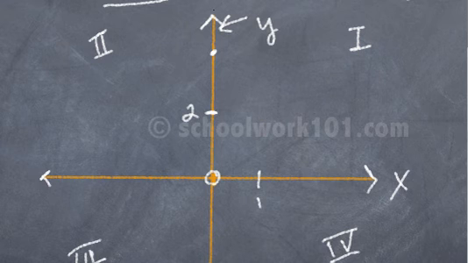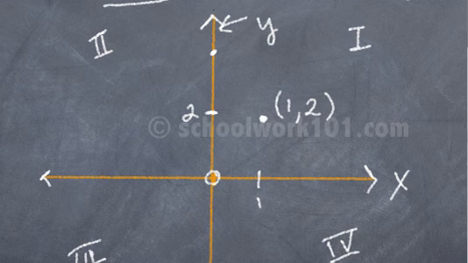So this point right here, this location is associated with what's called an ordered pair. And this is the way we write this. So 1 is our x, and our y is going to be 2. Okay, so that's a location in the Cartesian plane, let's say in quadrant 1.